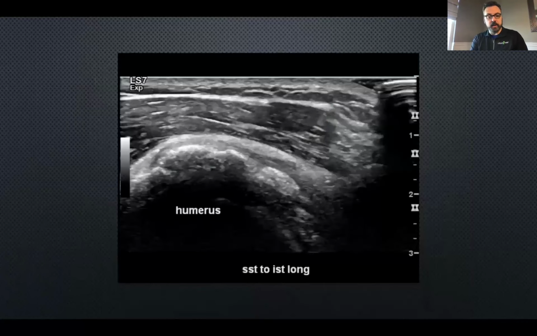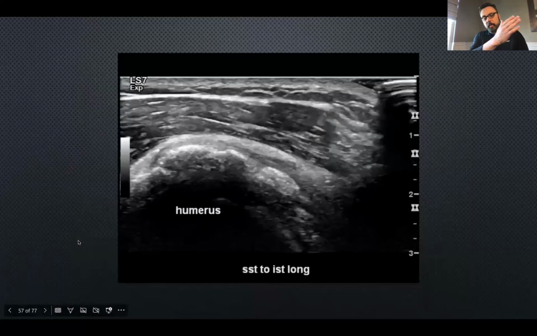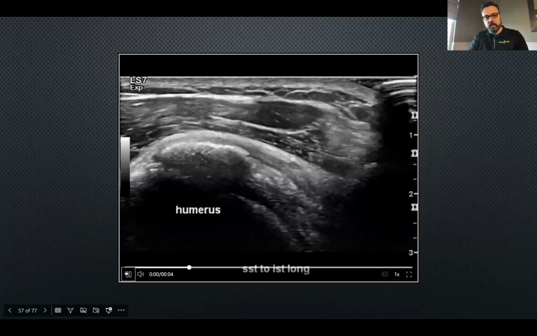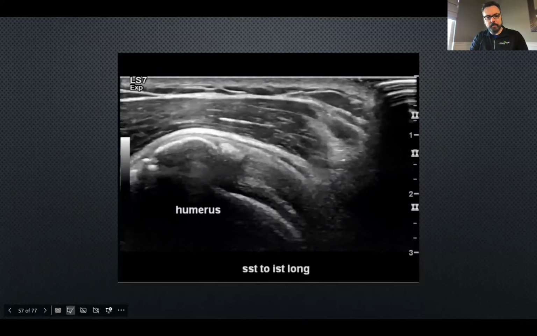And I actually have a video here. What we're doing with the ultrasound is letting it glide along from the supraspinatus down to the infraspinatus, starting at the top of the shoulder and working away from the top and then down. So right there is the supraspinatus, and we have that calcification right there that's not allowing us to see the rest of the tendon.